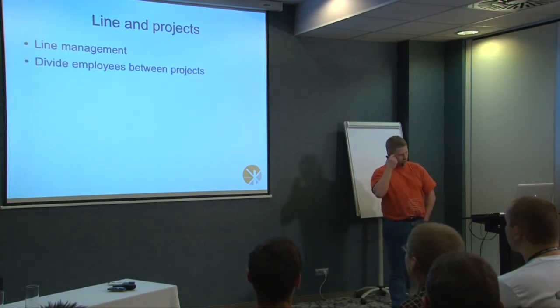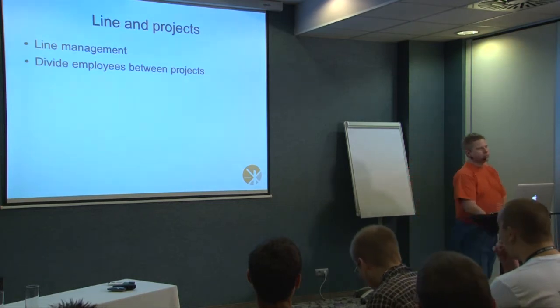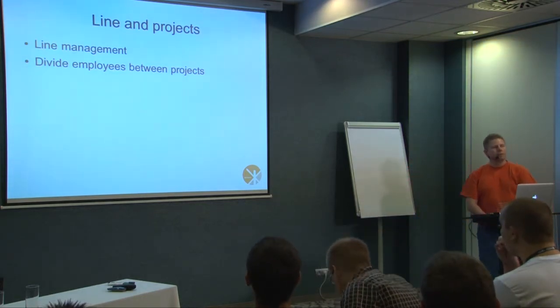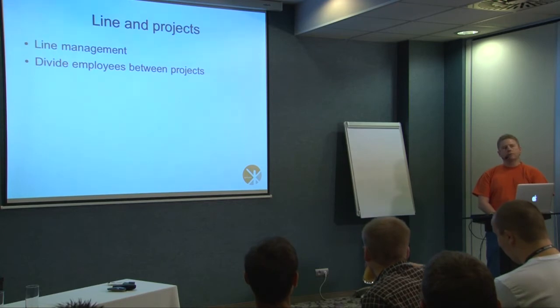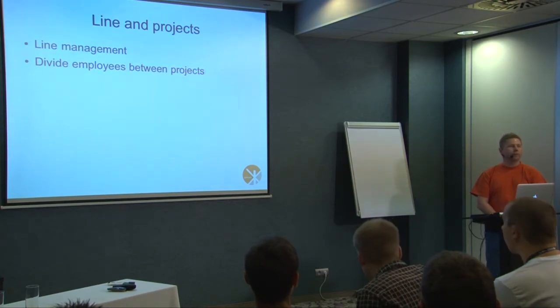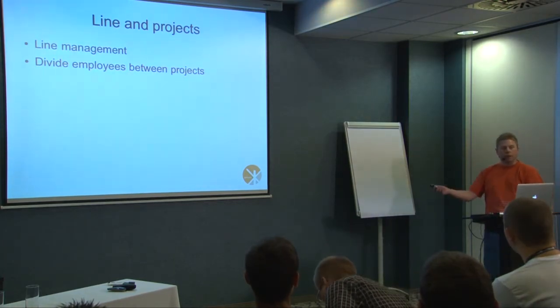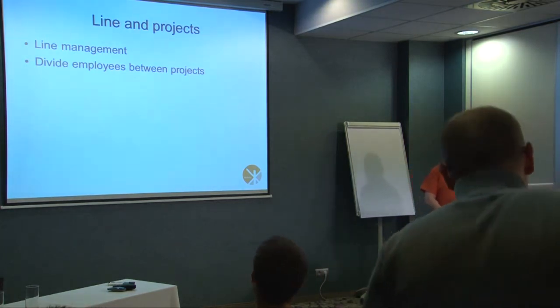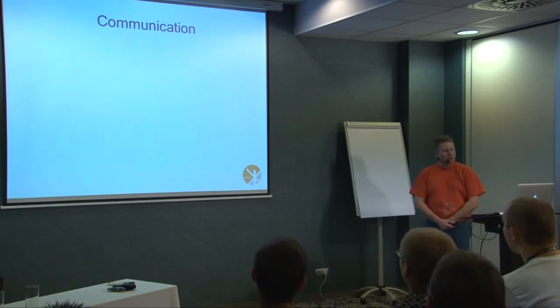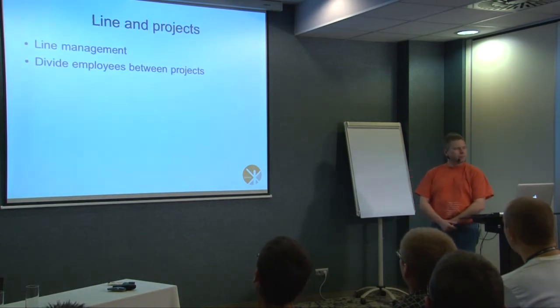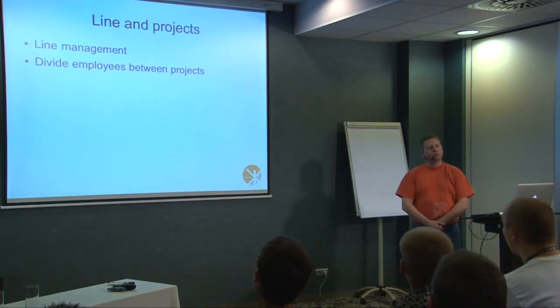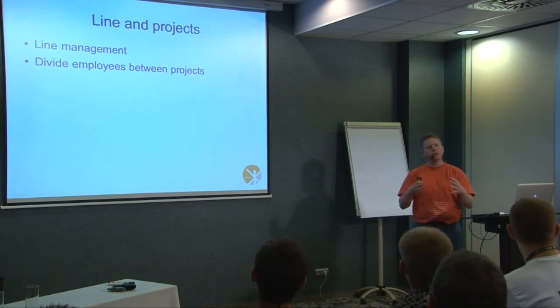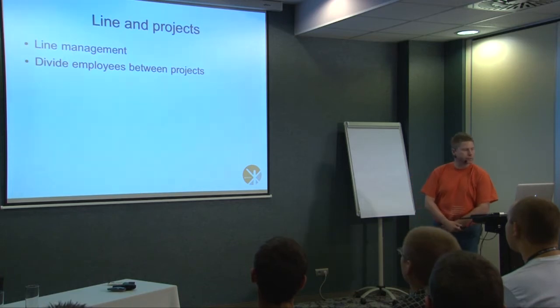And make sure that you divide all the employees between different projects. So you have a project manager who doesn't have anything to say about when you're having a vacation, or for that matter, a raise on the salary or anything like that. So divide employees between the projects. Make sure that you have two parallel organizations that don't really speak with each other. That's a great thing.